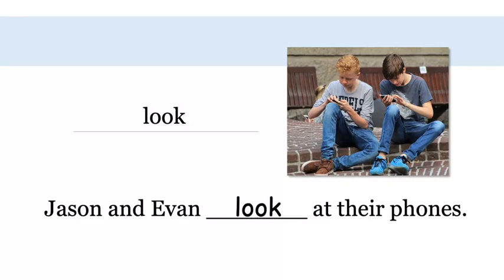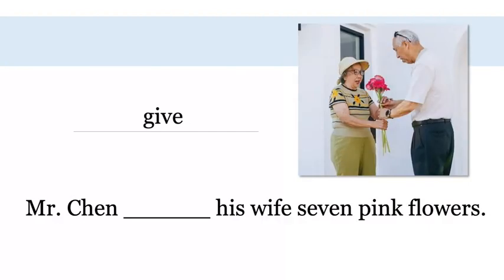Jason and Evan look at their phones. One more. Give. Mr. Chen, what form of give goes in the blank? Gives. Mr. Chen gives his wife 7 pink flowers.